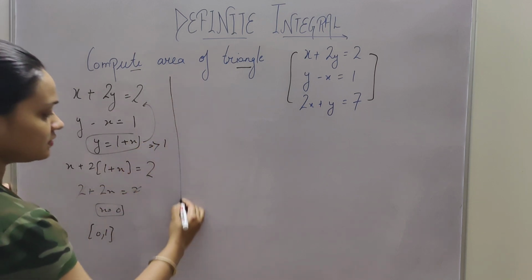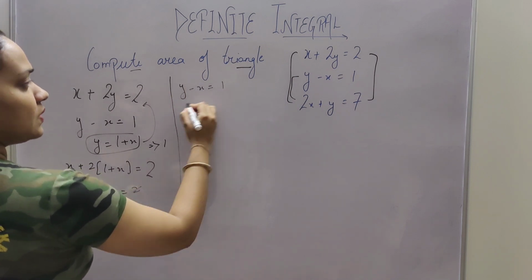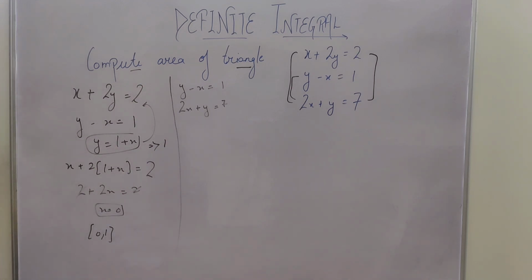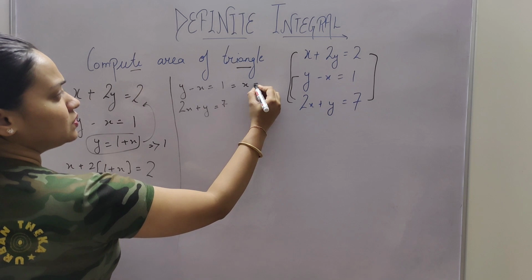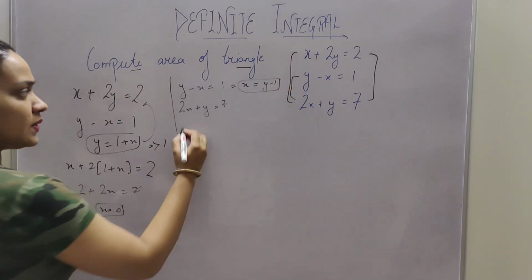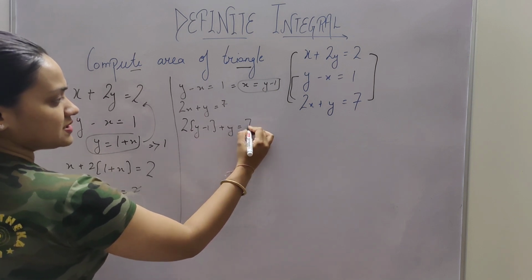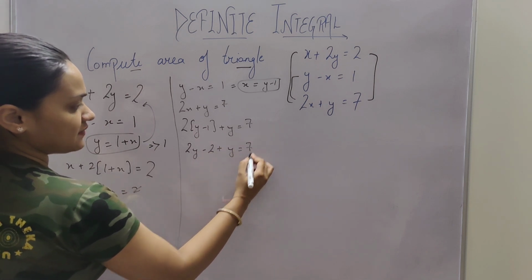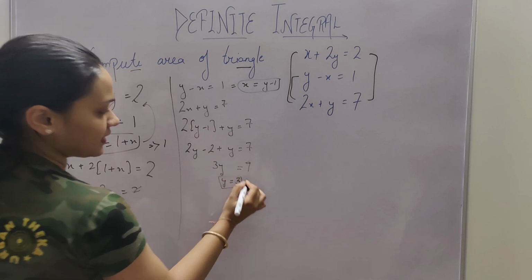In a similar manner, we calculate y minus x is equal to 1 and 2x plus y is equal to 7. Clear? So x is equal to y minus 1, and putting this again in this equation, y minus 1 plus y is equal to 7, 2y minus 2 plus y is equal to 7, 9 is equal to 3y, so y comes to 3.